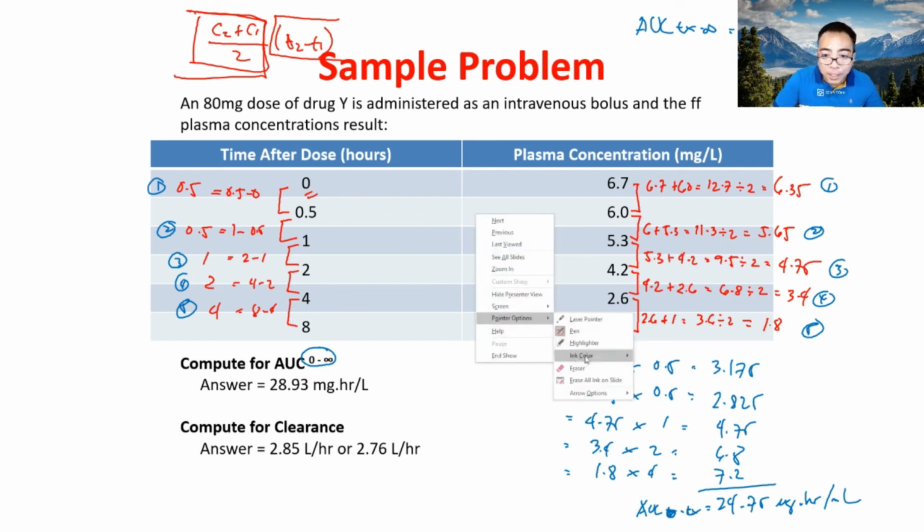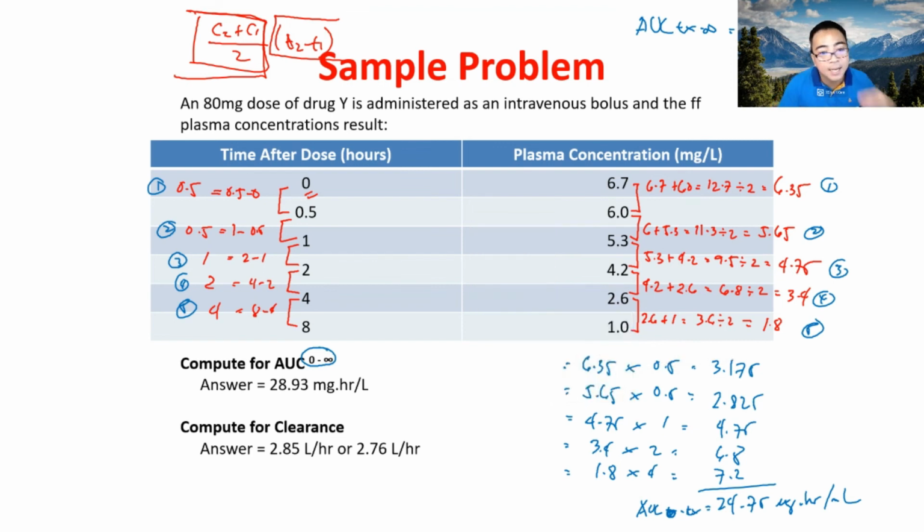Whenever, class, you're given a data like this, normally, ang ginagamit natin to compute for K is the last terminal points. Meaning, 2.6 and 1 ang gagamitin ko in my case. Bakit ko ginagamit yung last terminal points? Kasi at this point in time, class, medyo stable na yung elimination ng gamot. Okay, it already achieved equilibrium, kumbaga. Alright?